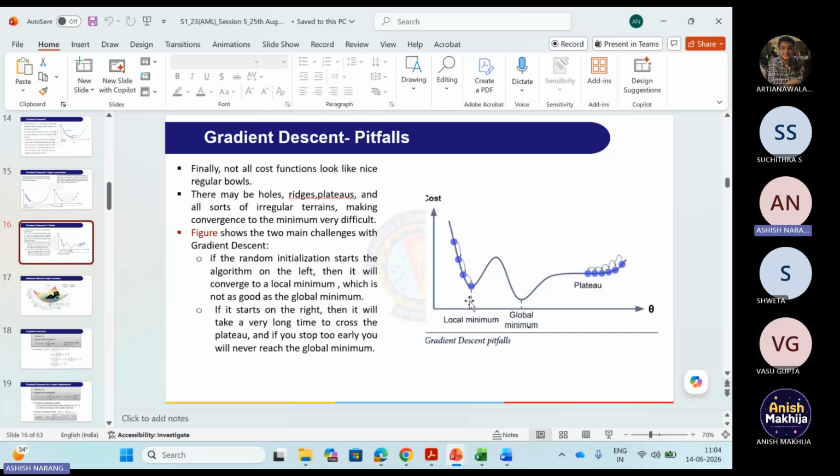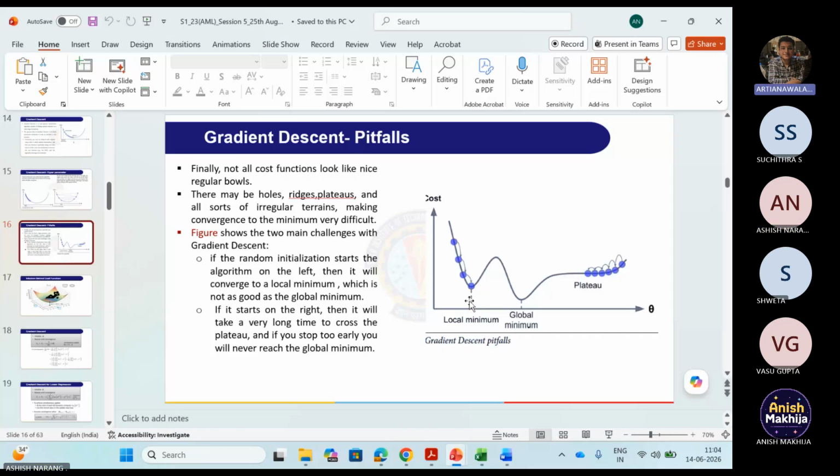That's a general thing with gradient descent: you may find a global minima, or you may not. Imagine the function is a sine wave kind of curve, with so many peaks and so many bottoms.